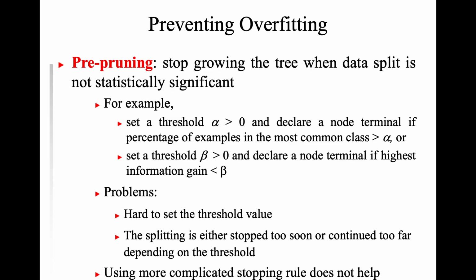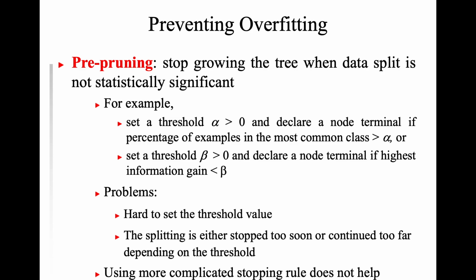For example, you can set a threshold, such as a maximum depth of your tree, so I don't want to go deeper than a specific number, okay? Another is to put a threshold on the minimum number of examples at each node.